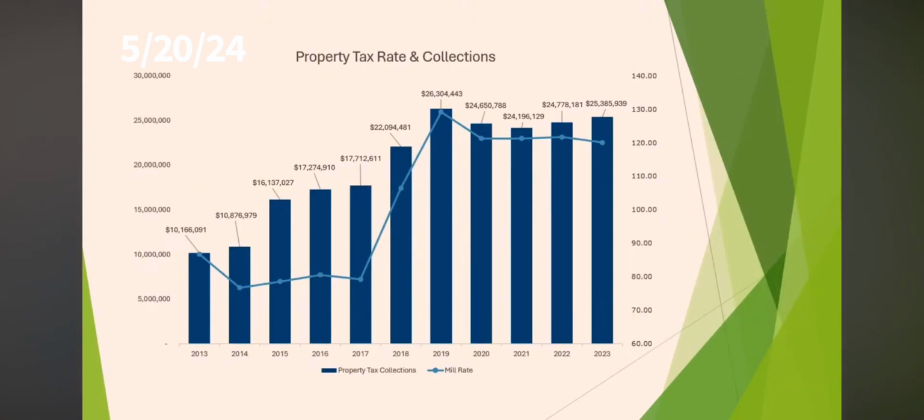This is a chart that we've updated recently, just showing the property tax rate and the collections, and this will become important as we work through the revenue estimates leading up to this budget. The reason I wanted to show this graphic here is, when you look at the rate, we've been fairly level or actually declined a little bit on the rate.